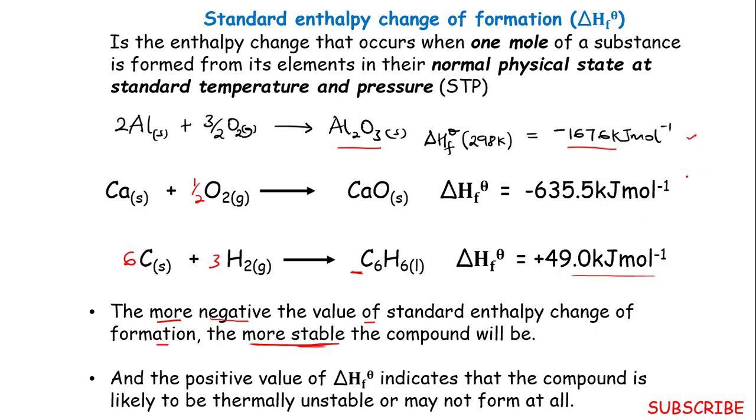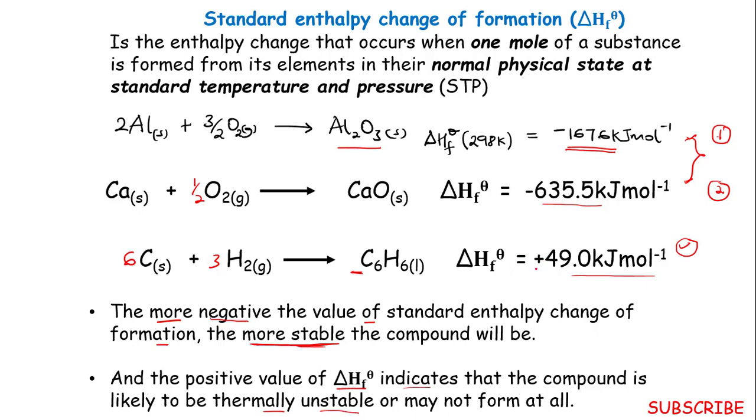So when you look at these three equations, you'll find that these first two are more stable compared to this last one, which is positive. However, the first one is also more stable than the second one because this is more negative than the one for calcium oxide. And the positive value of enthalpy of formation indicates that the compound is likely to be thermally unstable.